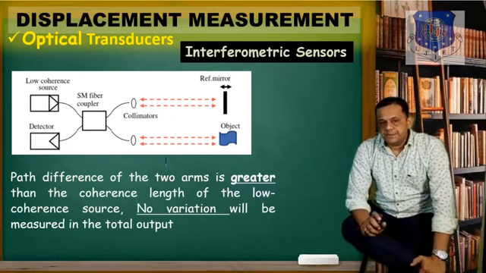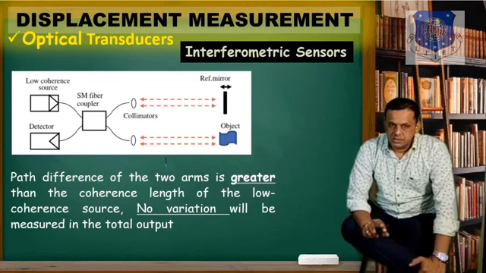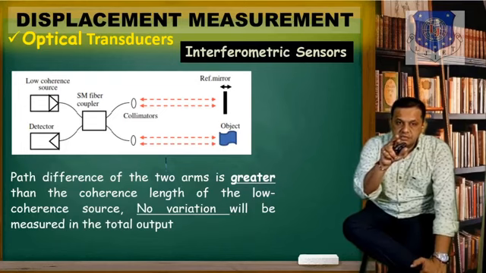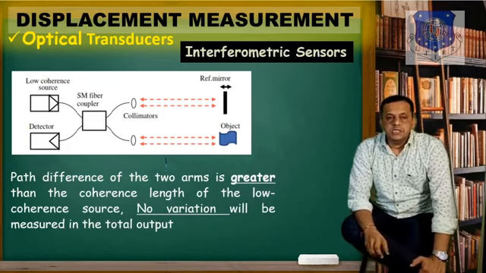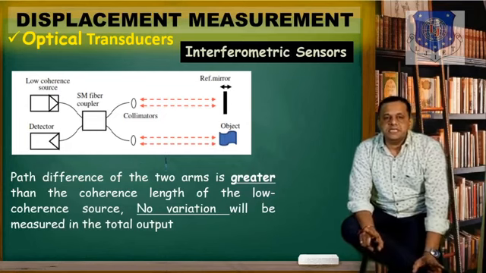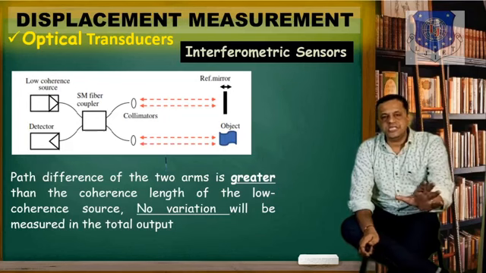Now, the path difference of the two arms is greater than the coherence length. Here you see we have two arms, one on the reference mirror, another on the object. If the path difference is greater than the coherence length, then there will be no variation in the total output. So there will be no change in the distance.